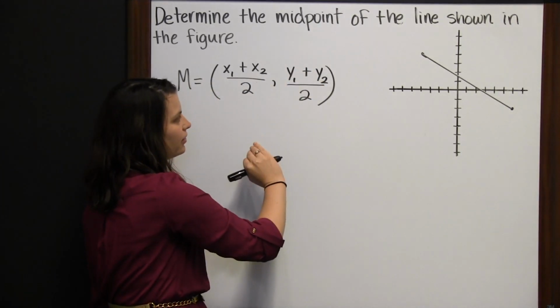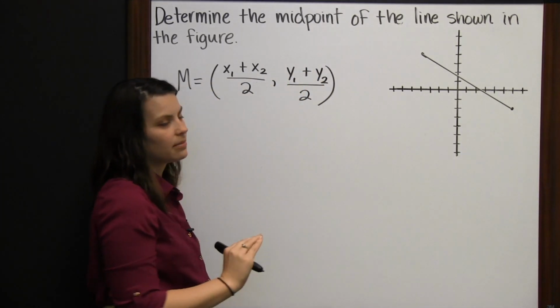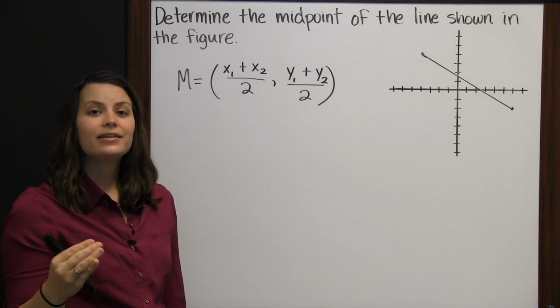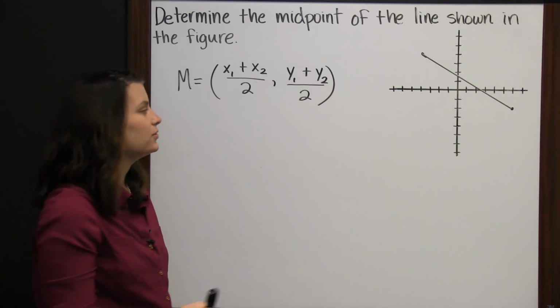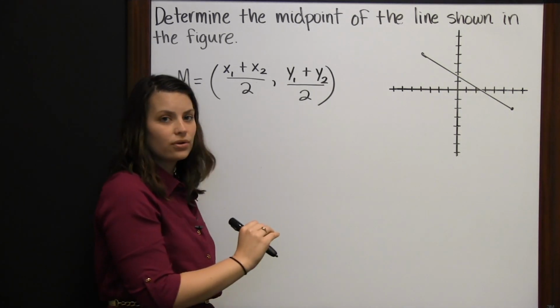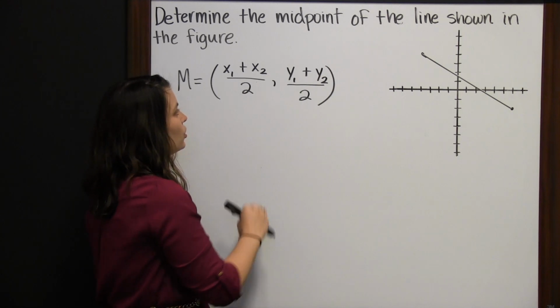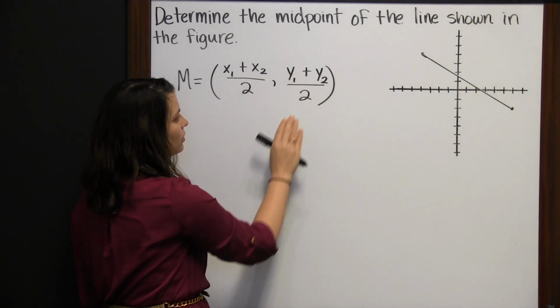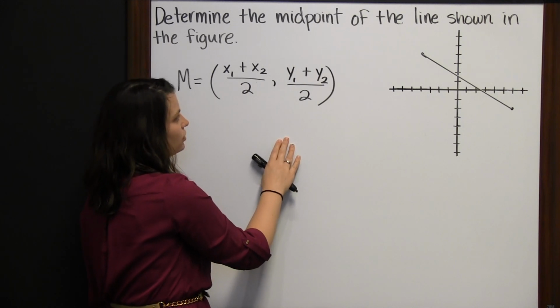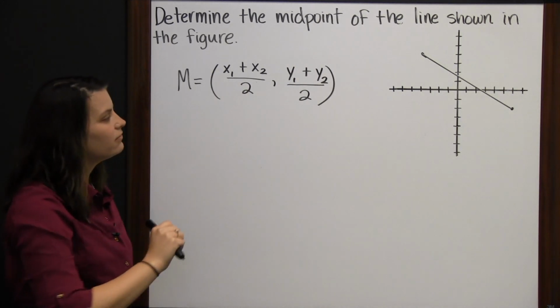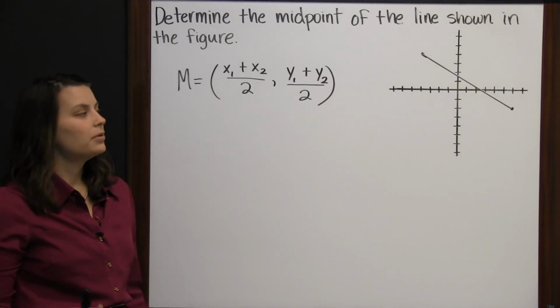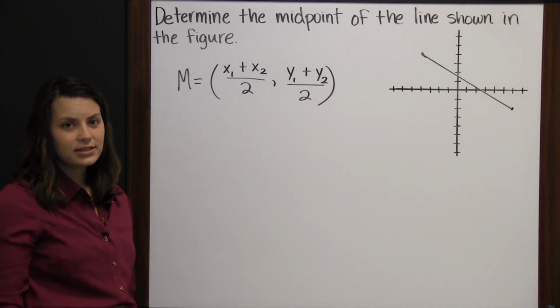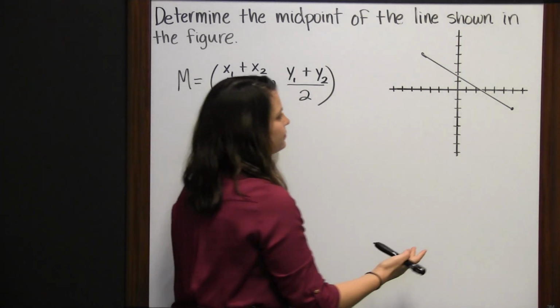You'll add those together and then divide that sum by 2. Again, finding the average of those y coordinates or the middle of the y coordinates. So when you find the middle x coordinate and the middle y coordinate, you'll then have the coordinates of the midpoint. But first we need to know the coordinates of our endpoints.